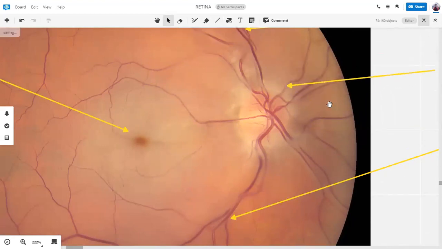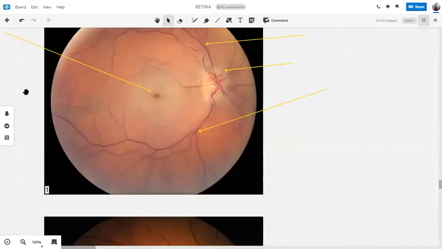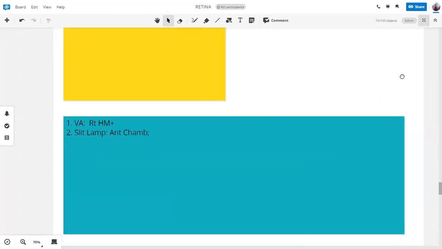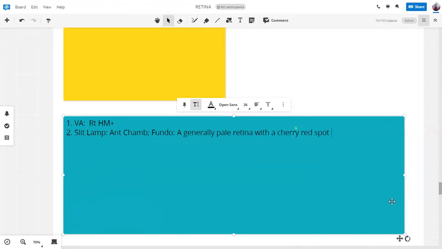So 6 minutes. Based on these findings, you will tell me what to write. Fundoscopy has yielded us what? Cherry red spot, generally pale retina. Cherry red spot in the center of the macula.